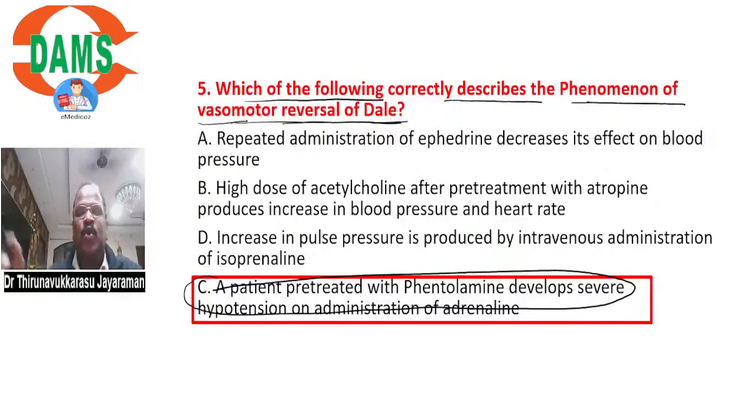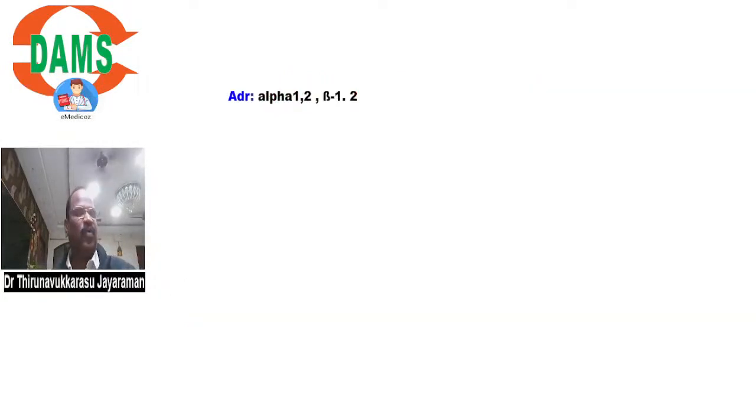I explain. Usually, Dale's vasomotor reversal phenomenon is studied with adrenaline. So here, don't talk about ephedrine, don't talk about acetylcholine. It's mainly with adrenaline. That means what? Look at what they say. Normally, adrenaline acts on alpha 1, alpha 2, beta 1 and beta 2.